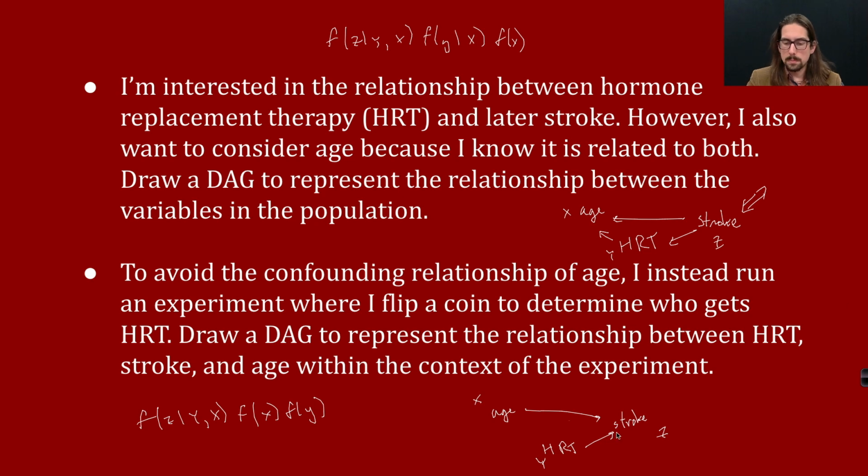Okay. Here I can ask, are x and y independent marginally? And the answer is yes, because if I draw this path, it goes through stroke, which is a collider in this case. And so this DAG represents distributions where x is independent of y.